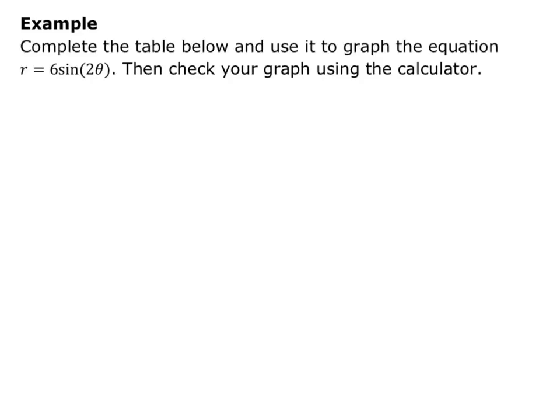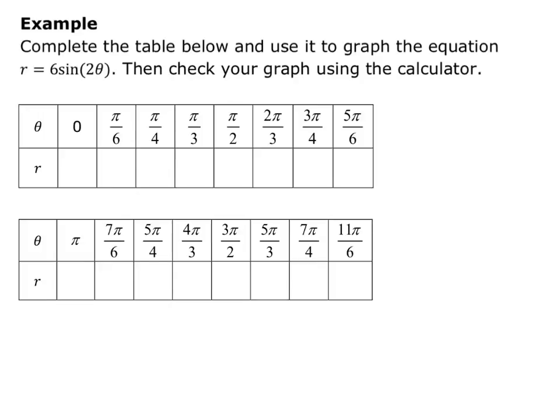So here is our example. We want to complete the table of values below and use it to graph the equation r equals 6 sine of 2 theta. Then check your graph using the calculator.